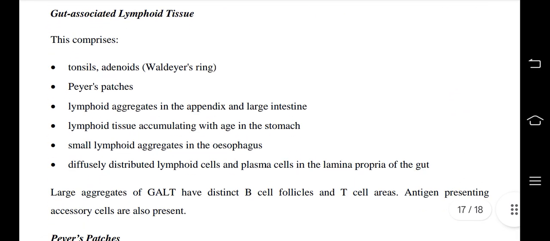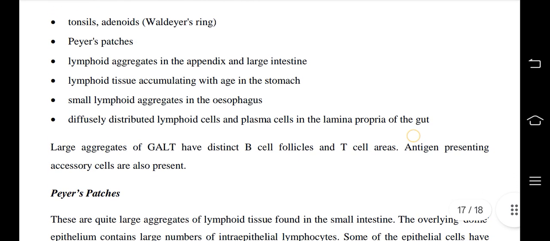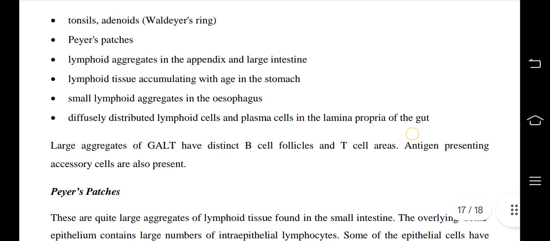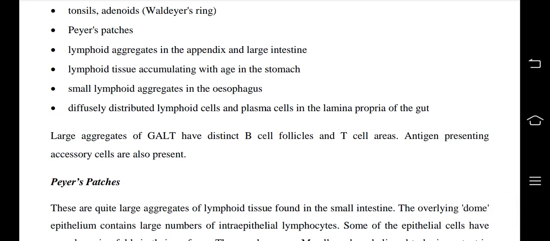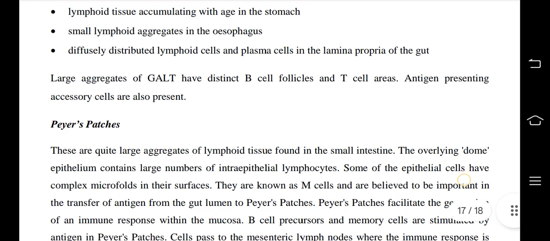Gut associated lymphoid tissue comprises tonsils, adenoids, Waldeyer's ring, Peyer's patches, lymphoid aggregates in the appendix and large intestine, lymphoid tissue accumulating with age in the stomach, small lymphoid aggregates in the esophagus, diffusely distributed lymphoid tissue, and lymphoid cells and plasma cells in the lamina propria of the gut. Large aggregates of GALT have distinct B cell follicles and T cell areas. Antigen presenting accessory cells are also present.